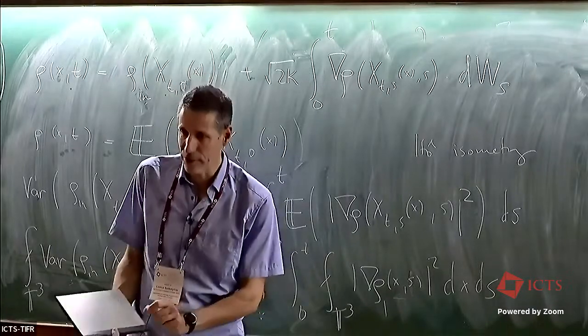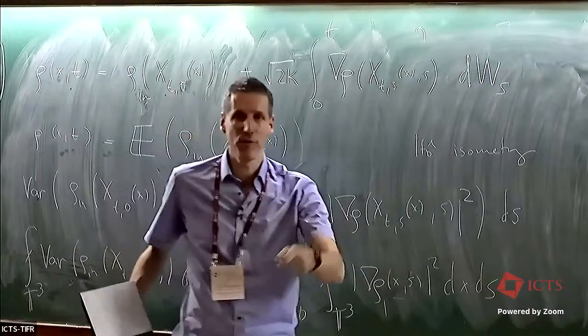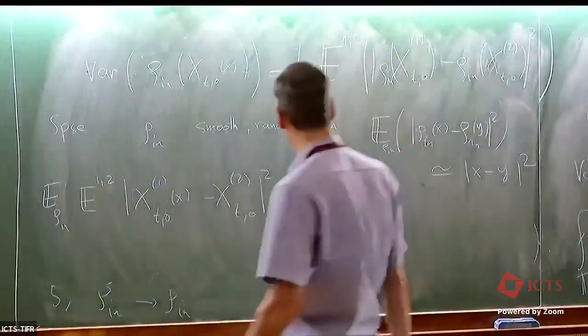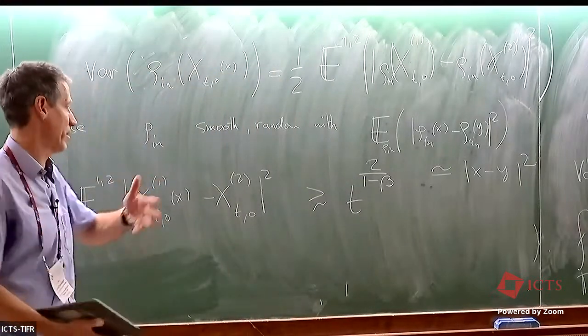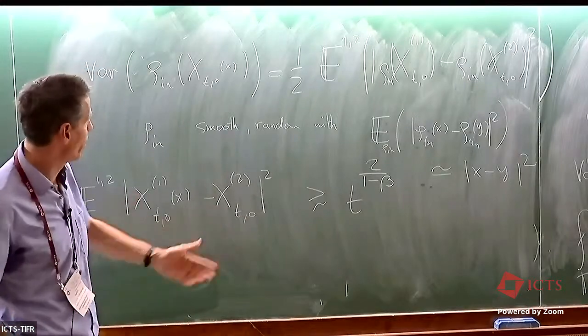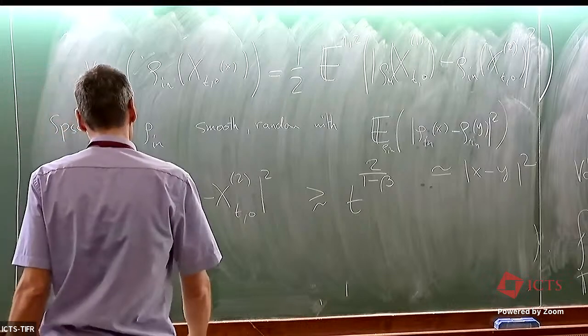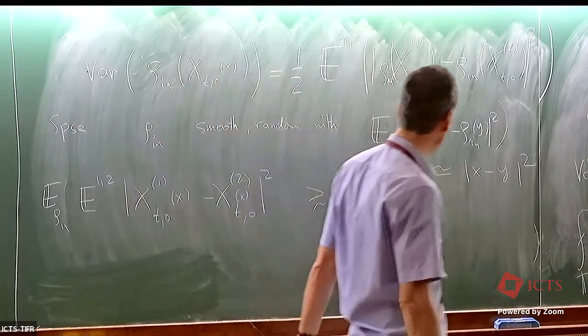So in general, if you take two independent paths of this SDE, you see this separation. This is what, in the physics literature, people look at: the motion of particles in a turbulent flow.